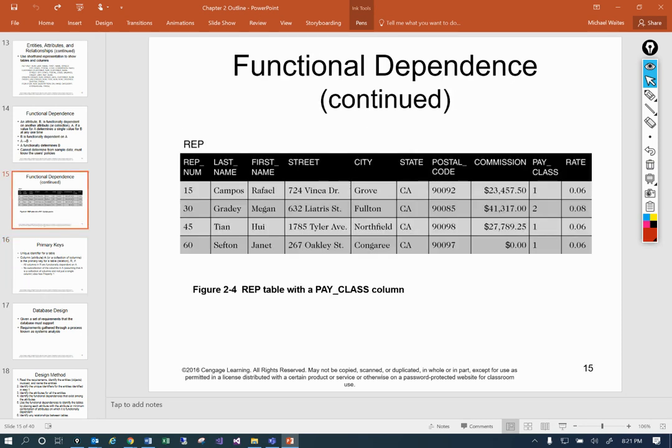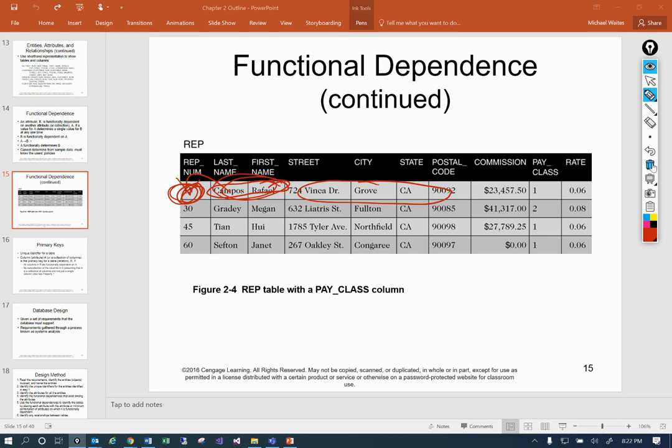So if we go back to our example here, it's very unique and understandable to say that 15 represents Rafael Campos. Now, maybe there is another Rafael Campos in the database. Maybe we've got two. Somehow we found two gentlemen named the same, and we've got them. But this Rafael is represented by 15. This guy at this address is functionally dependent now on this rep number.